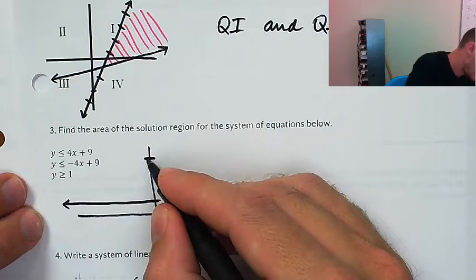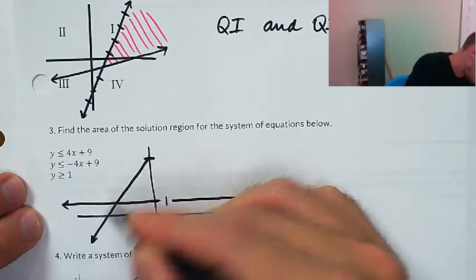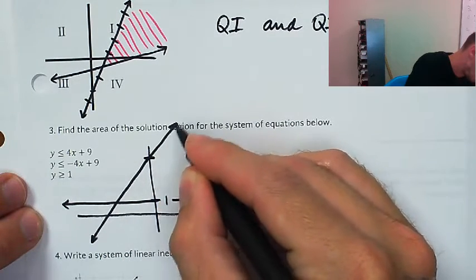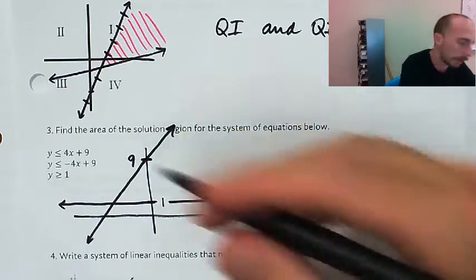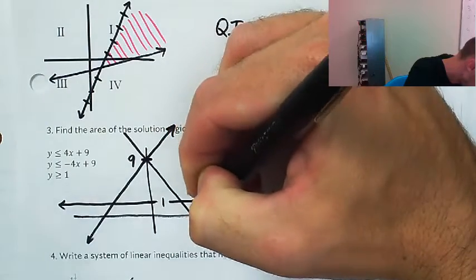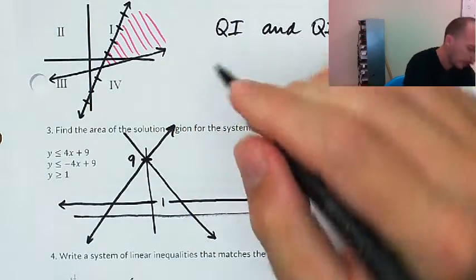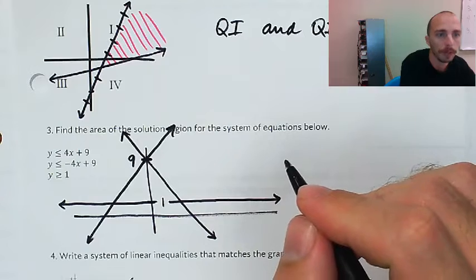All right, 4x plus 9, that's going to be pretty steep. That's going to come down like this, right? If this is 9. And then negative 4x plus 9 is going to come down like this with the same slope, but negative. All right, I tried to draw that as good as I could, but it's very, very rough.